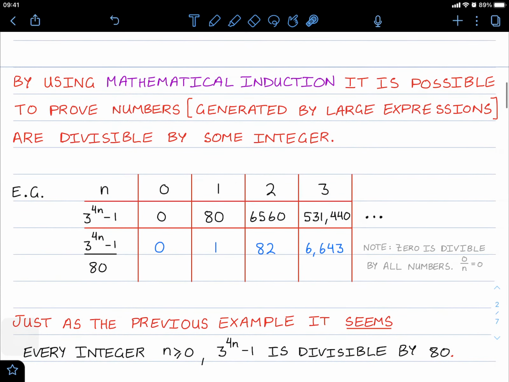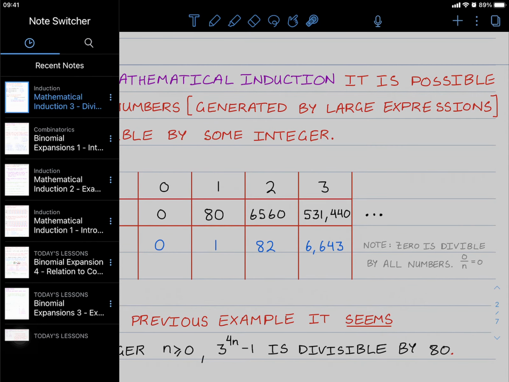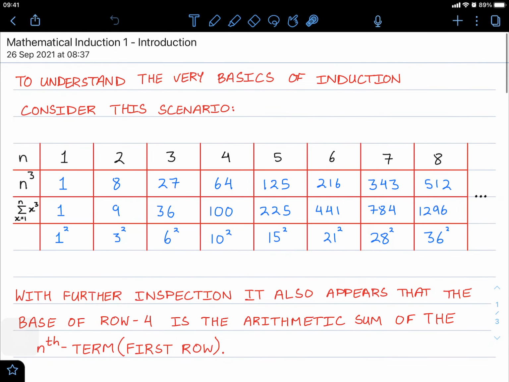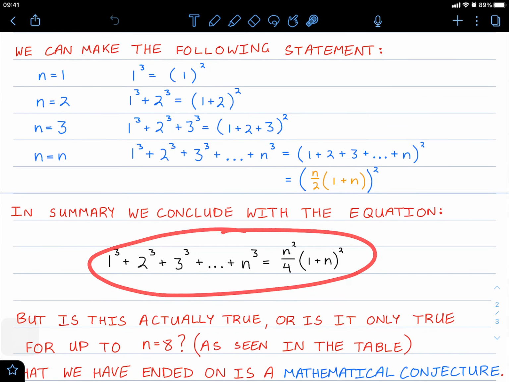In the previous example, it seems that for every integer n greater than or equal to 0, this expression is divisible by 80. It seems like this statement is true.